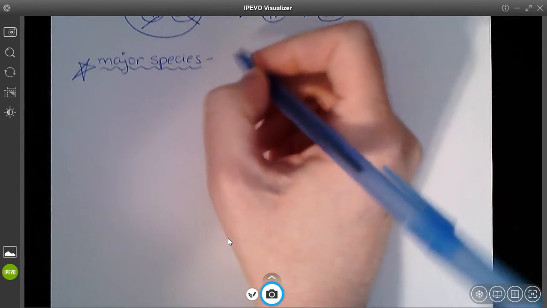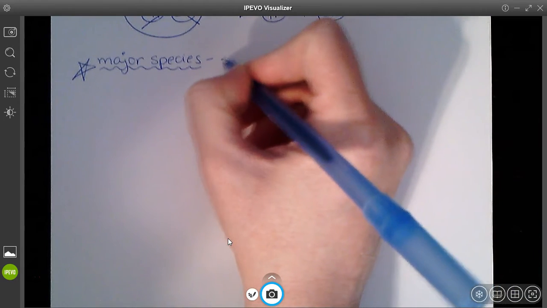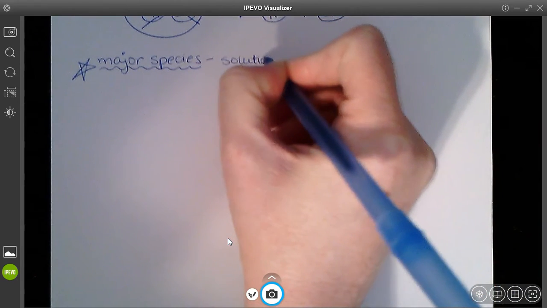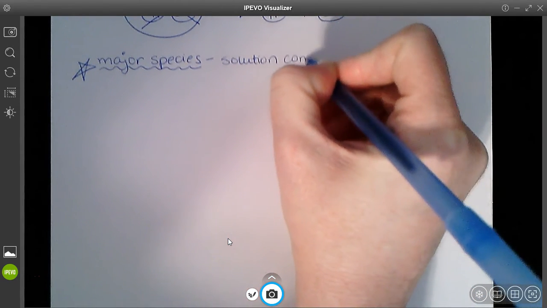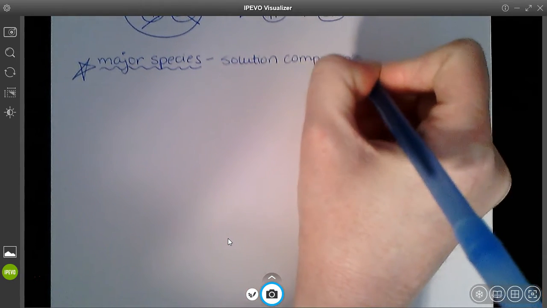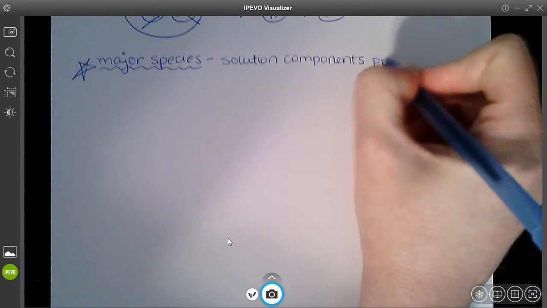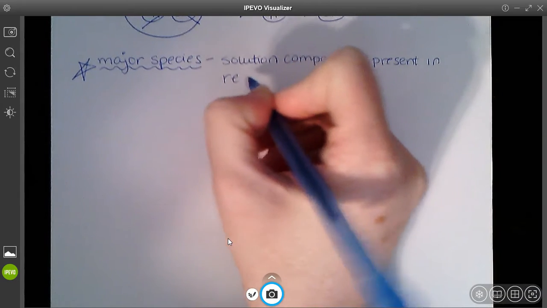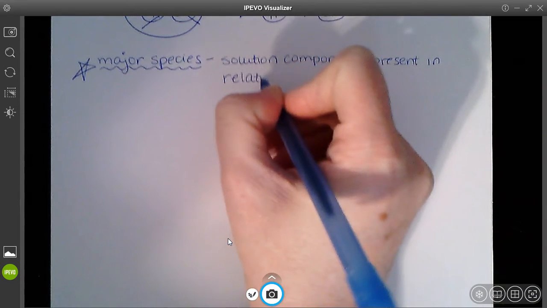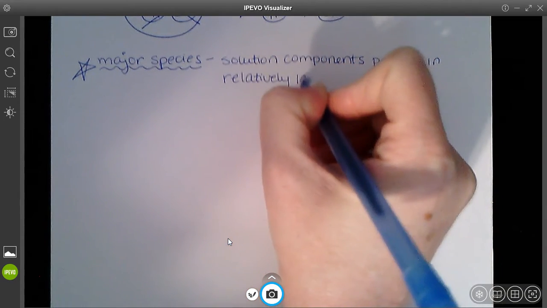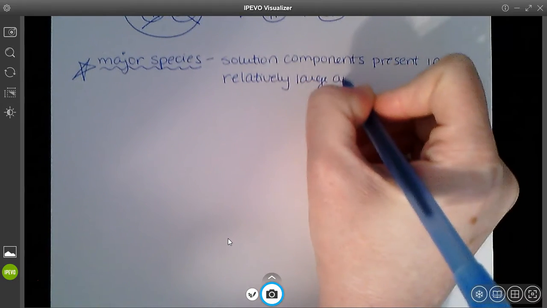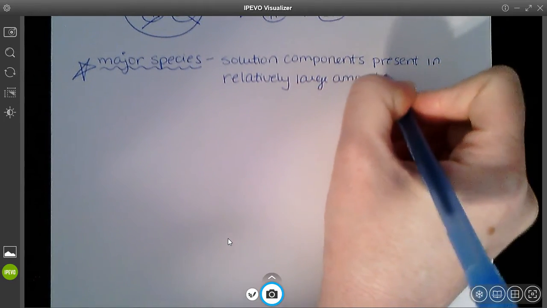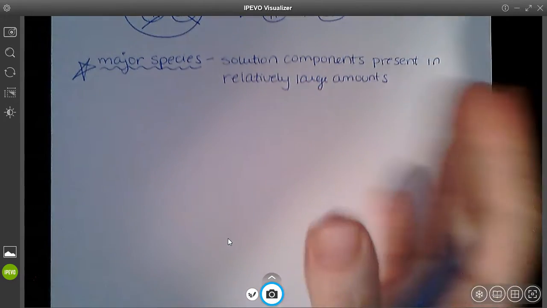So what is a major species? Well, if you look at the solution, components present in relatively large amounts. Those are your major species, things you have a lot of.